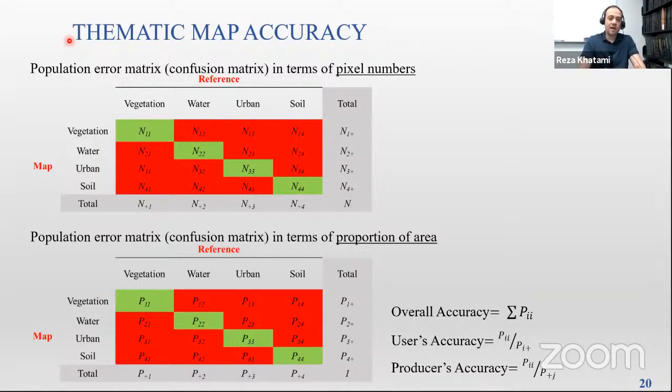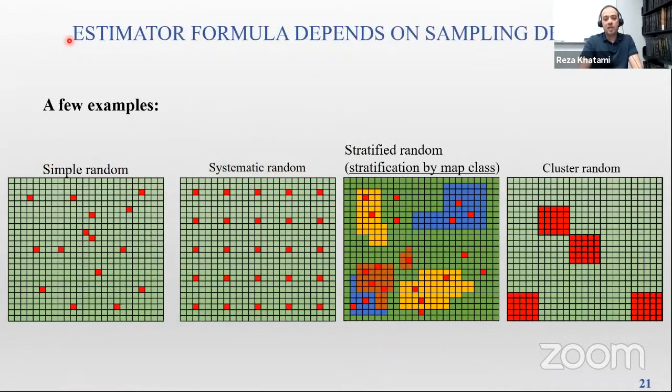In practice, we don't have the full coverage of reference data, and again, we need to collect the sample data to estimate population error matrix. But similar to the example for estimating mean age of students in CU Boulder, here, depending on the sampling design, the equation for estimating population error matrix could be different.